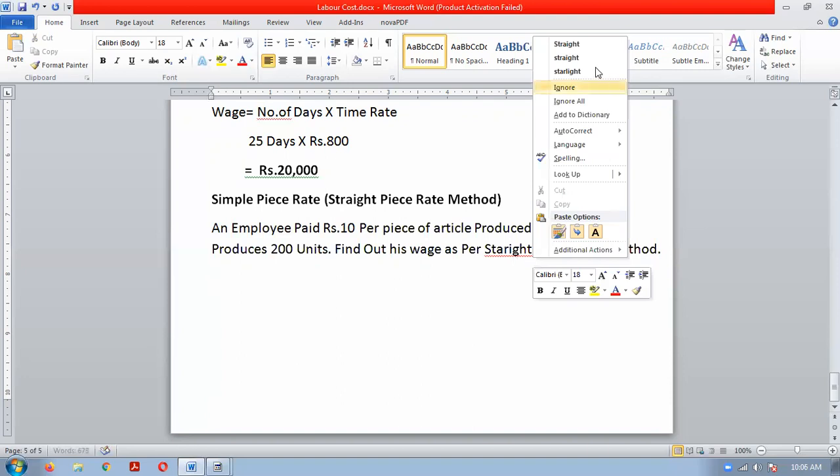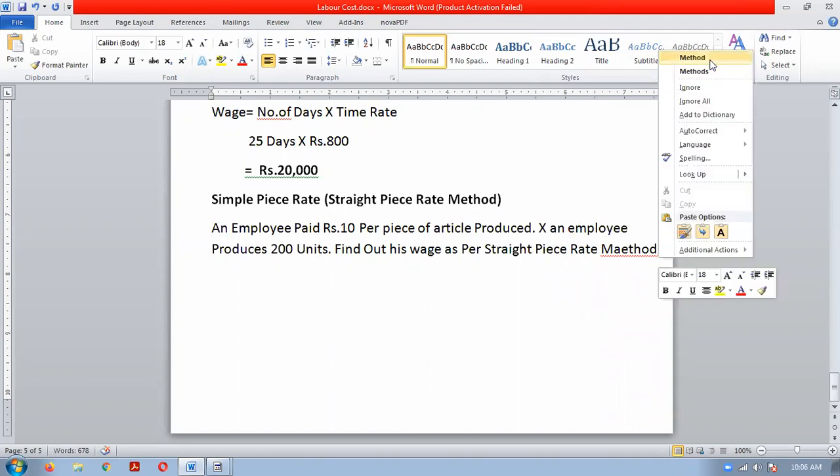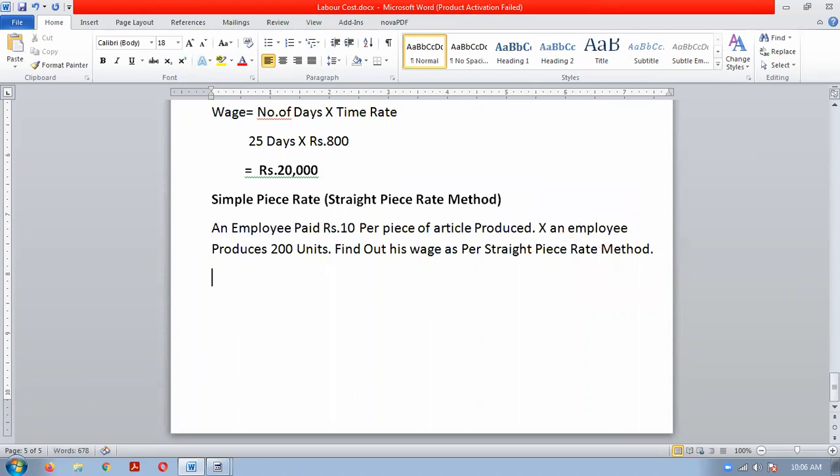So here hours are not given, time is not given, but it is based on output. So what will be the formula? Simple piece rate wage formula will be number of units into rate per unit.